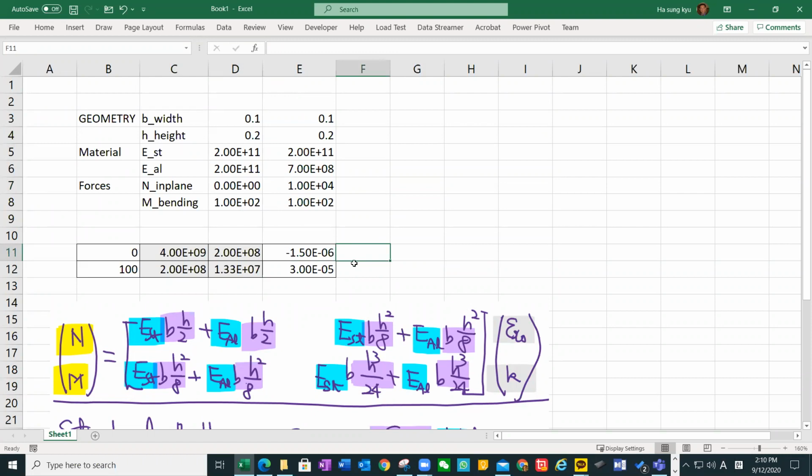This is the in-plane strain, epsilon x, I would say 0. This is the K. And curvature. I will cut and paste, and this one.